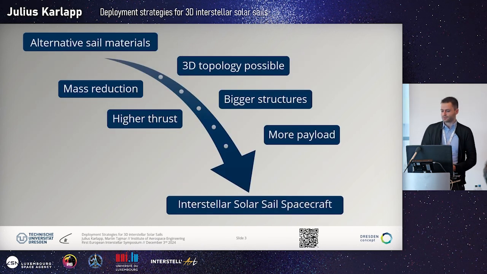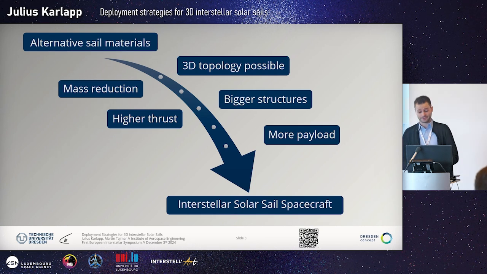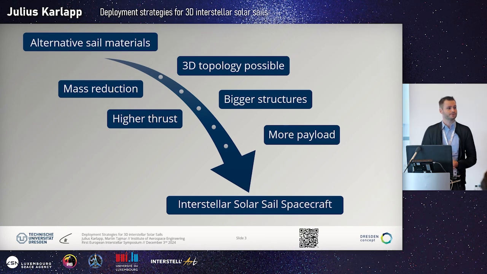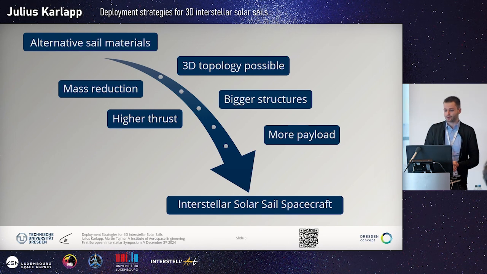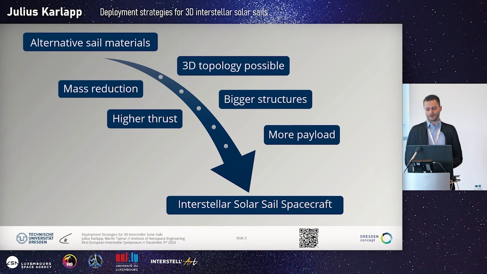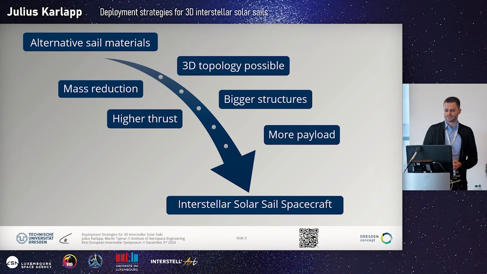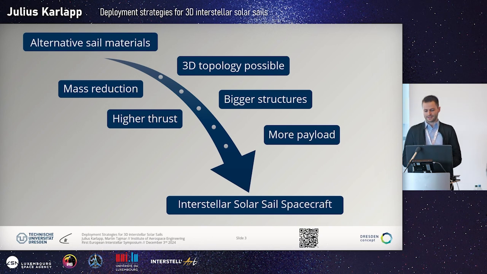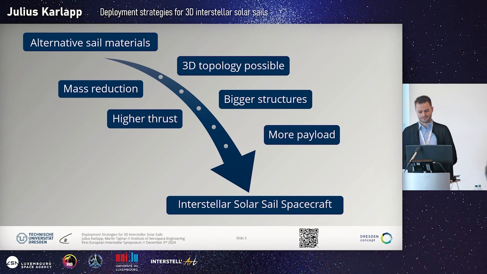Our roadmap starts with a simple idea. We want to use an alternative cell material than commonly used mylar materials. This leads to the idea that we are no longer bound to two-dimensional geometries for our cell. So with three-dimensional topologies, the structural integrity rises, which in return can lead to a reduced total spacecraft mass.